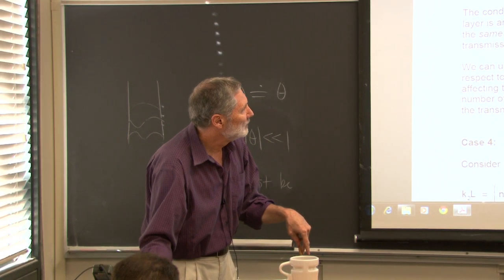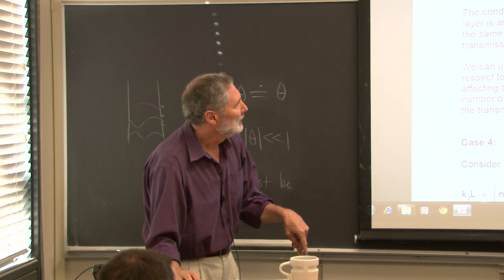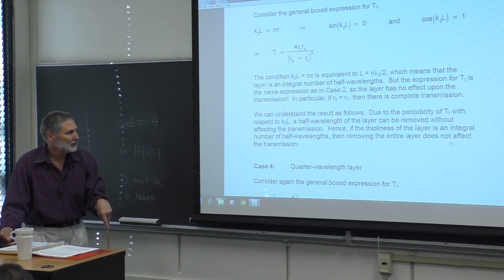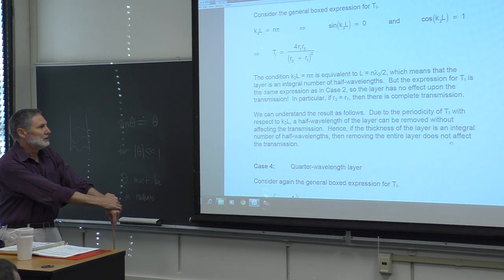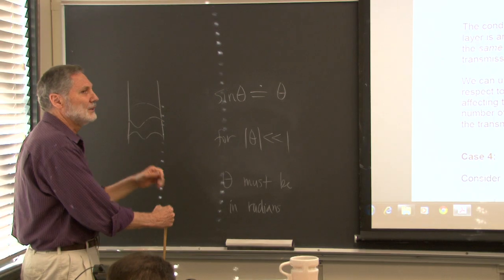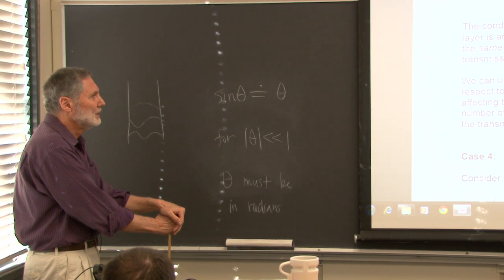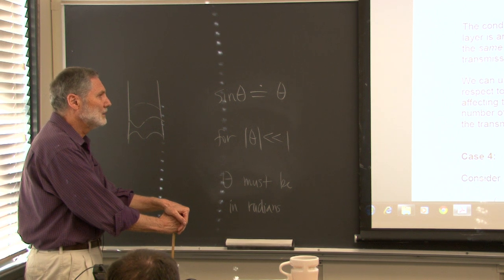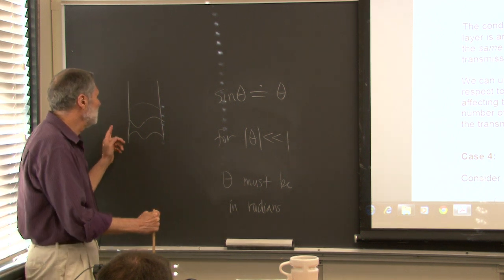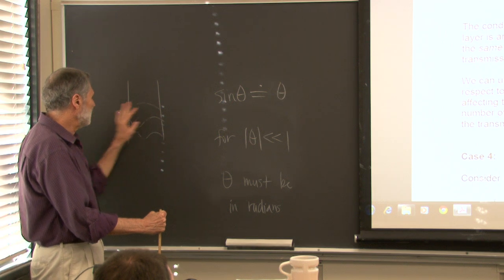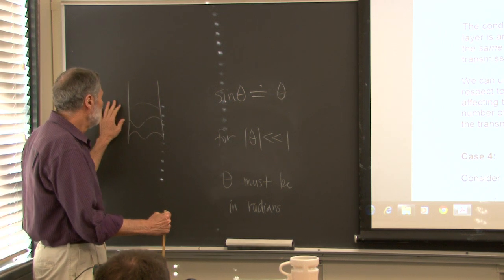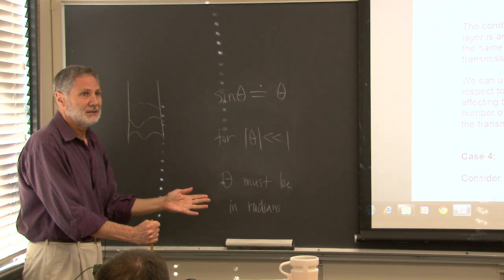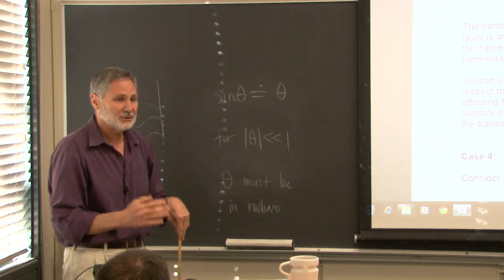So that's what's going on here. You can get acoustic transparency if the layer here is a half integral number of wavelengths. And what transparency means is that you don't have to have the same medium on either side here, but the layer has no effect. It's as if it's not there. That's the way you want to think of it.